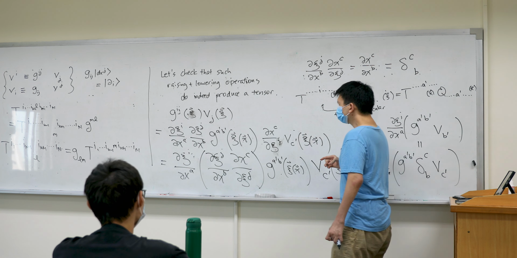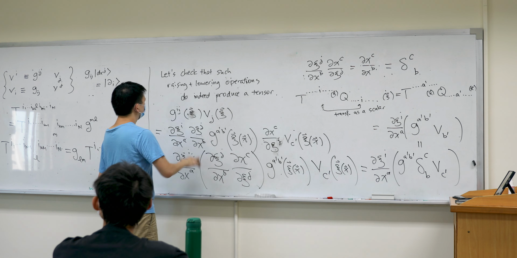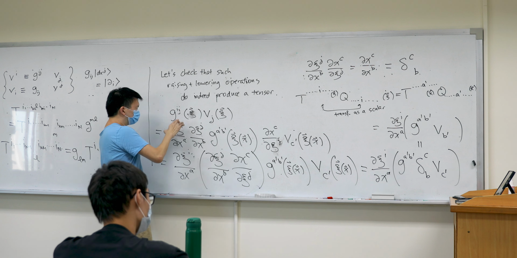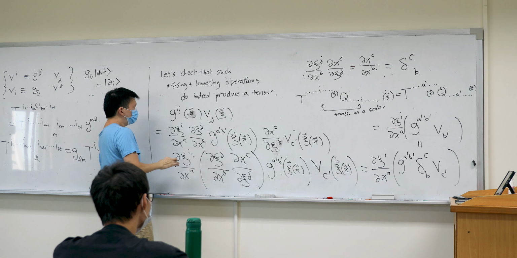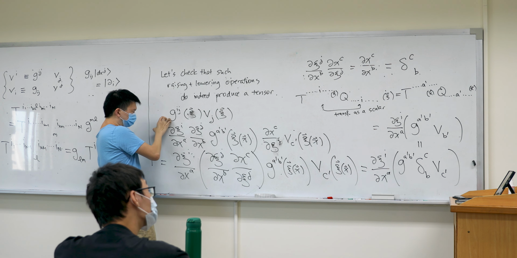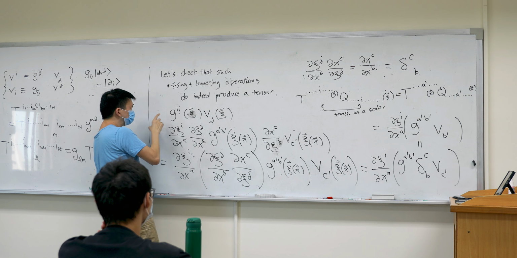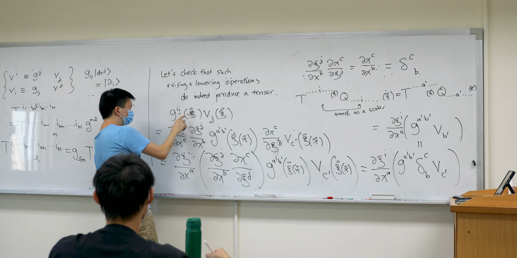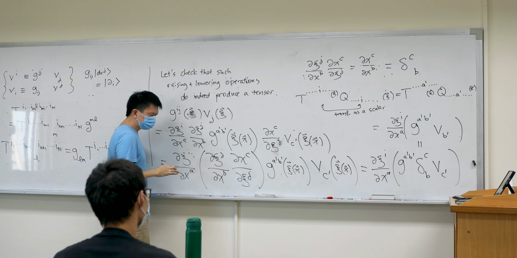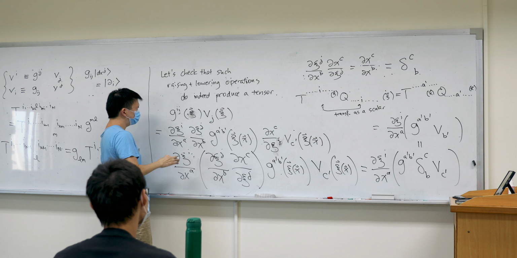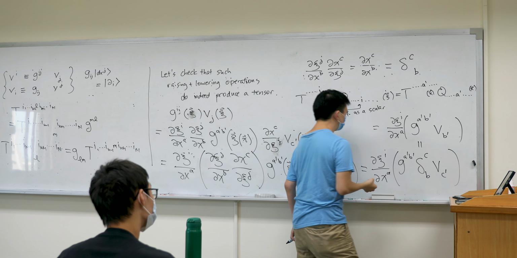So what you see is what I just asserted before we started: because one up, one down always gives you a scalar, and because the metric is guaranteed to be a tensor, when you use the metric to raise and lower the index, the repeated index is guaranteed to be a scalar, whereas the free index is guaranteed to transform as a tensor.